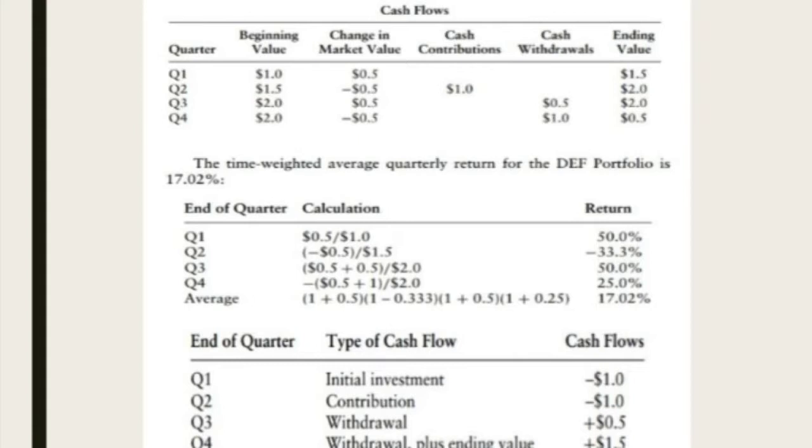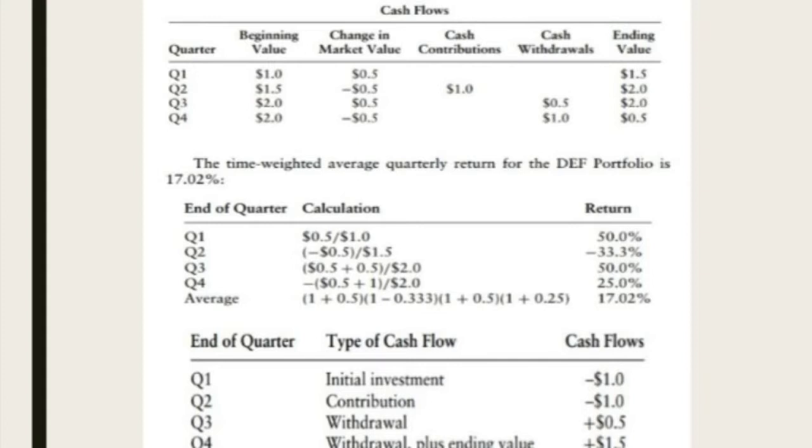In quarter 4, the calculation is negative $0.5 plus $1 divided by $2.0. The return is 25.0%. And the average calculation is 1 plus 0.5 times 1 minus 0.333 times 1 plus 0.5 times 1 plus 0.25, and the return is 17.02%.